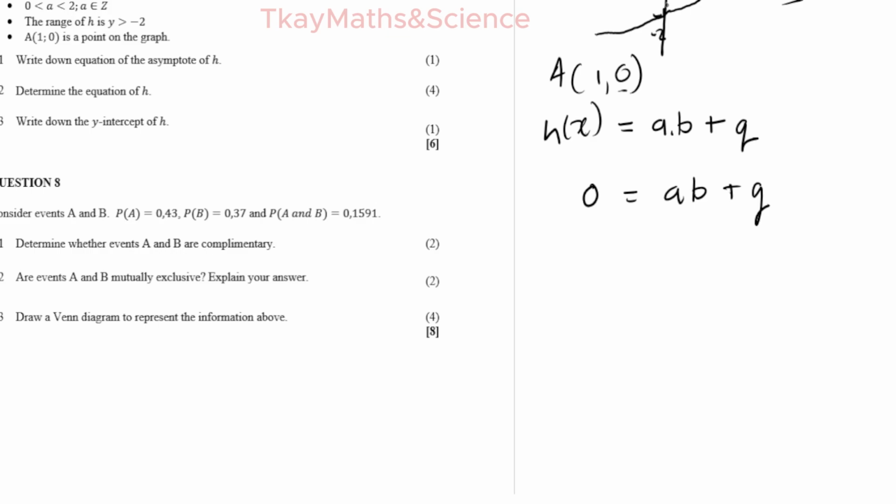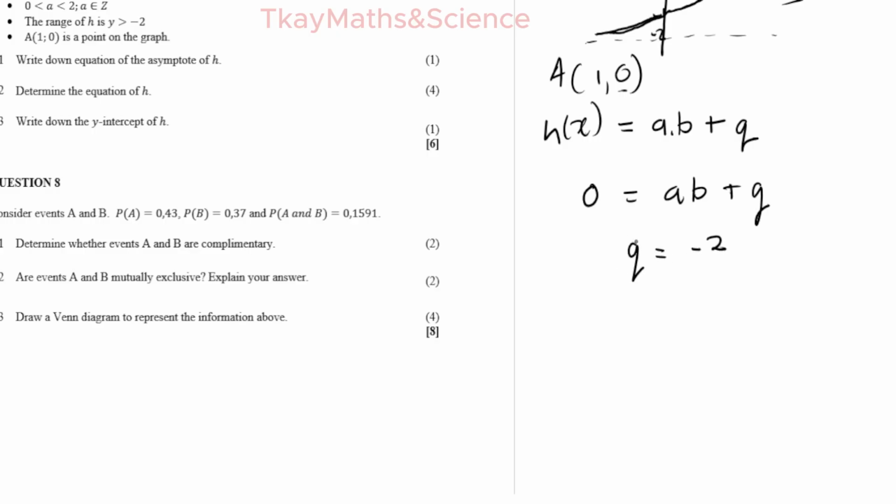Okay, so our graph is going to be like that. All right, so our asymptote now is what? -2, not 0. So we know now our Q is equal to -2.